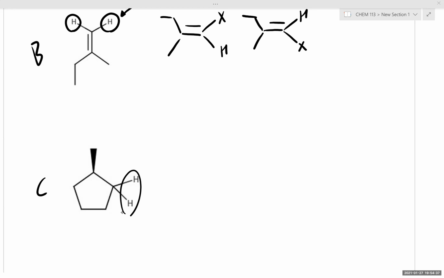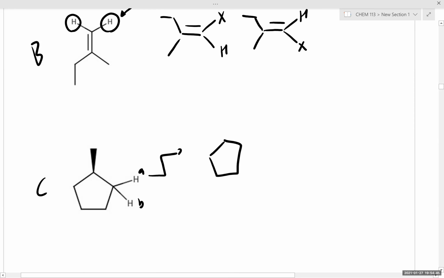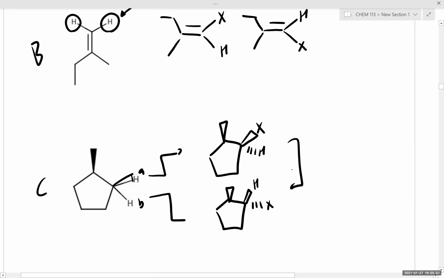So if you have two protons that we'll call A and B, you replace these protons with a group X. Okay, so I'm going to replace proton A with a group X. You then try and draw a structure where you replace your proton B with your group X. And as we can tell, are these two structures enantiomers or diastereoisomers after the substitution test?